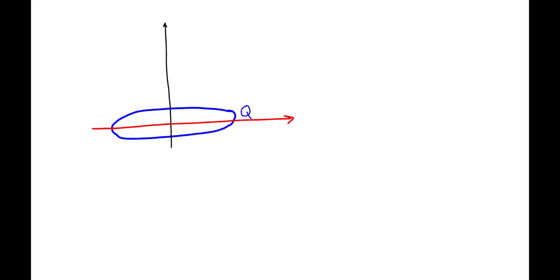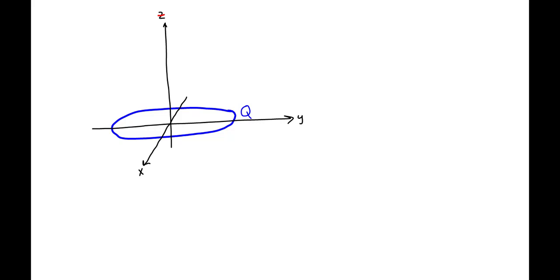We will place the origin right in the center of this ring. Here's our x, y, z coordinate system where the y-axis is horizontal, the x-axis is coming towards us, and the z-axis is vertical.